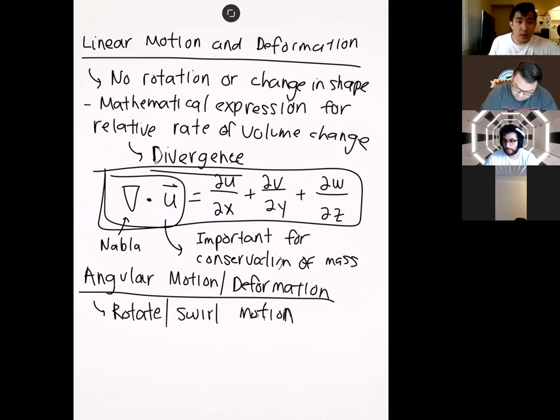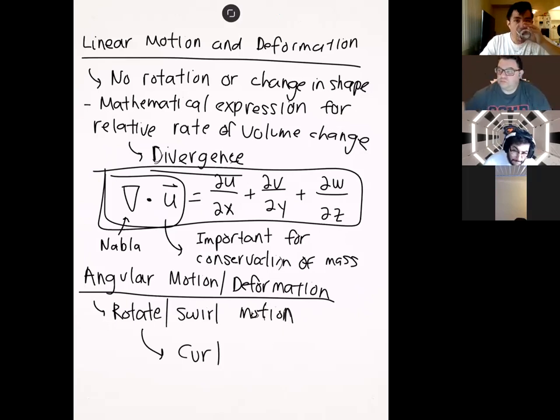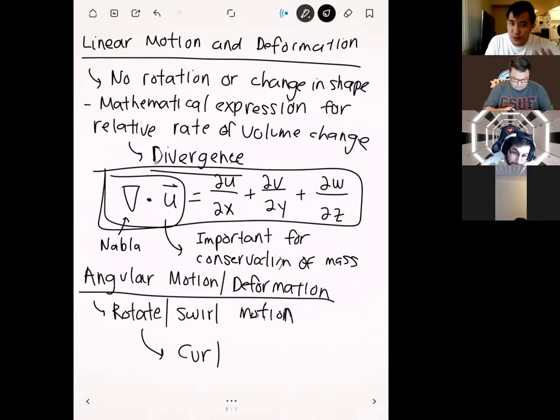And so the mathematical tool that we're going to use to describe this is called the curl. So who's heard of the curl before from a previous math class? Okay, yeah. Hopefully it at least sounds familiar. So you don't have to remember exactly how to compute it, but at least people are familiar with it, which is all that you can ask for, right?